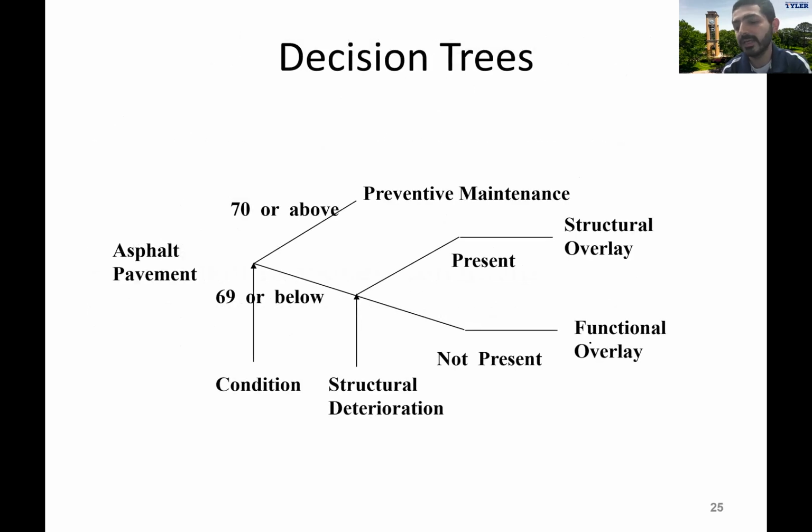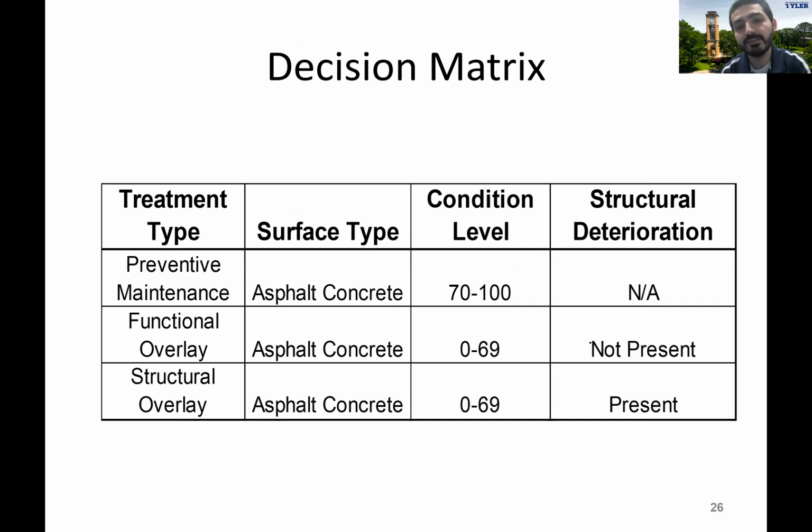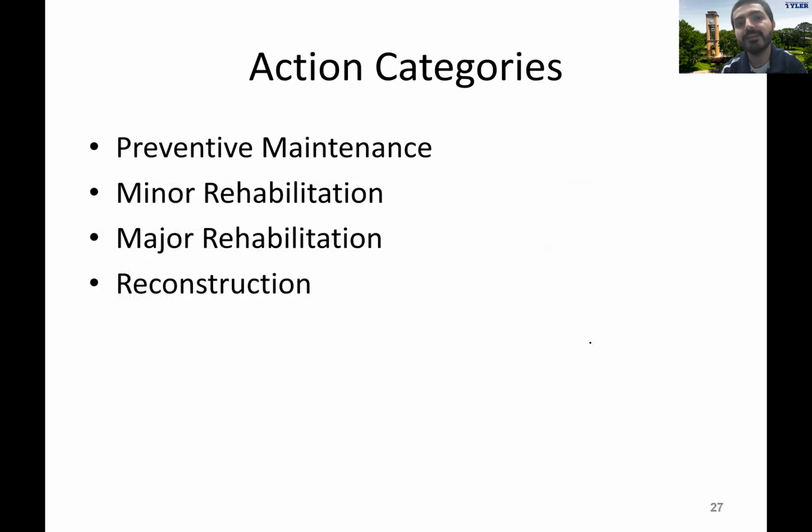Here I'm showing an example of a decision tree that we can follow in a multi-year prioritization. This is another decision matrix for you to take a look at. And these are the action categories. Once you come up with all the requirements that you have, you're going to end up with the actions that you're going to do for a multi-year prioritization.